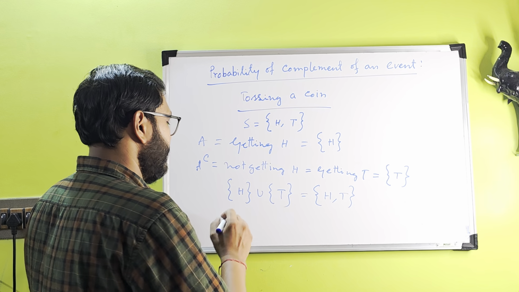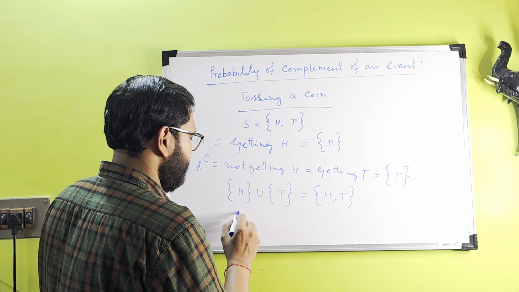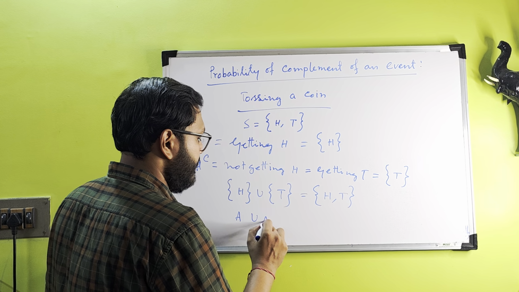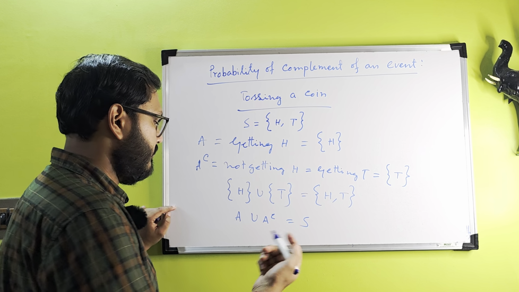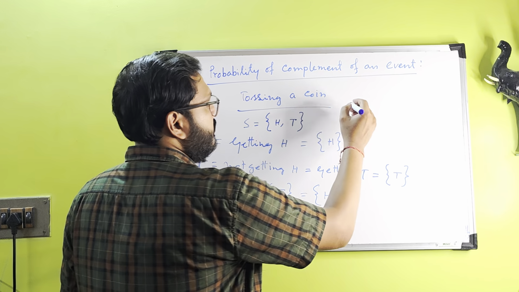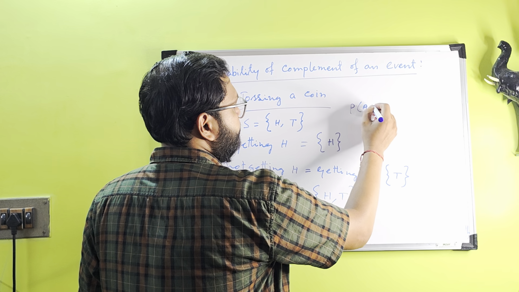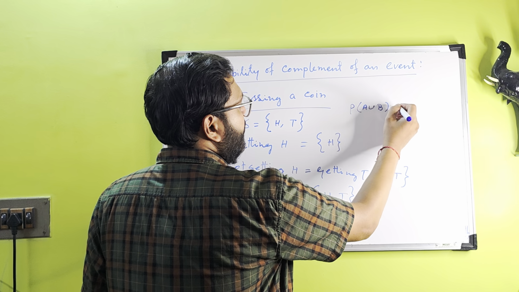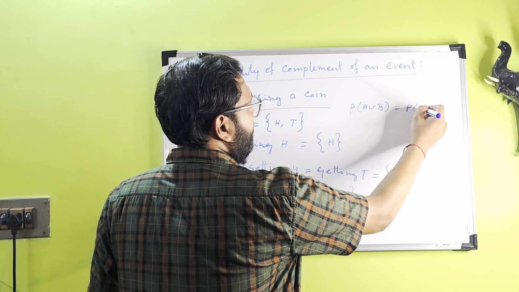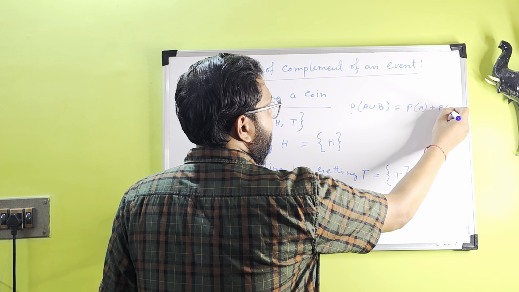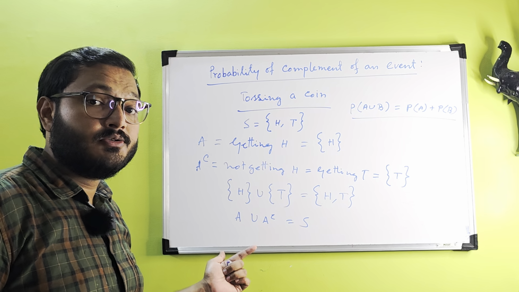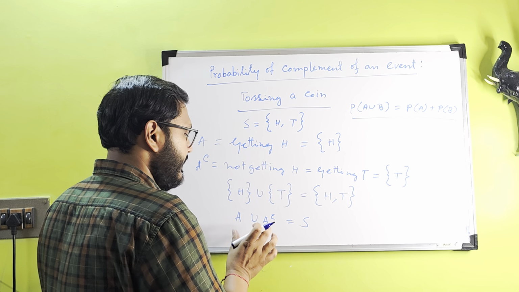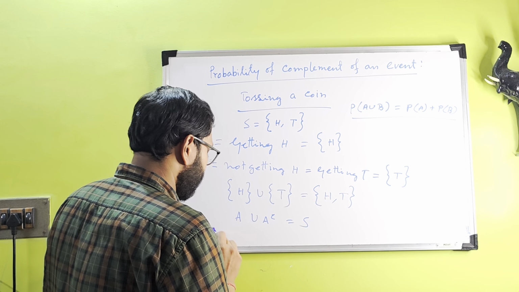So if I put A instead of H, A union A complement equals S. Now apply this formula, because they are mutually exclusive events.